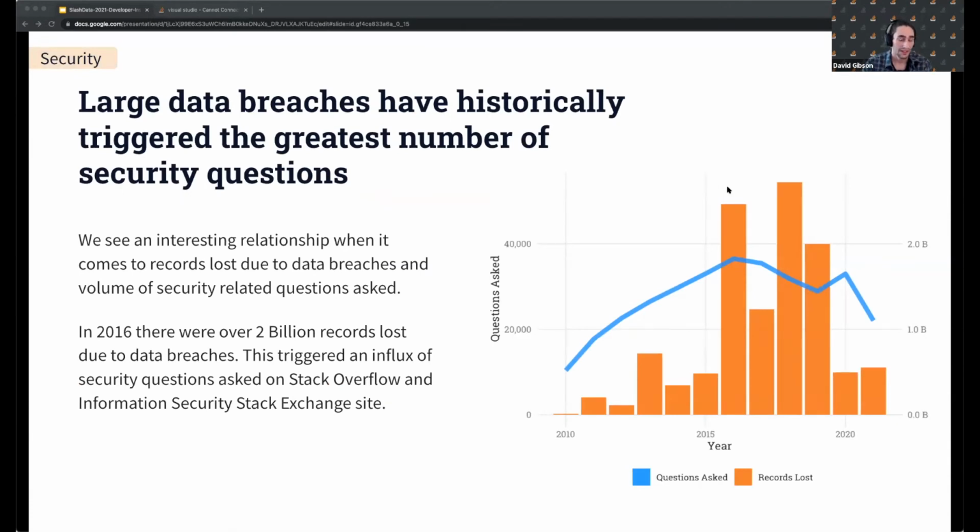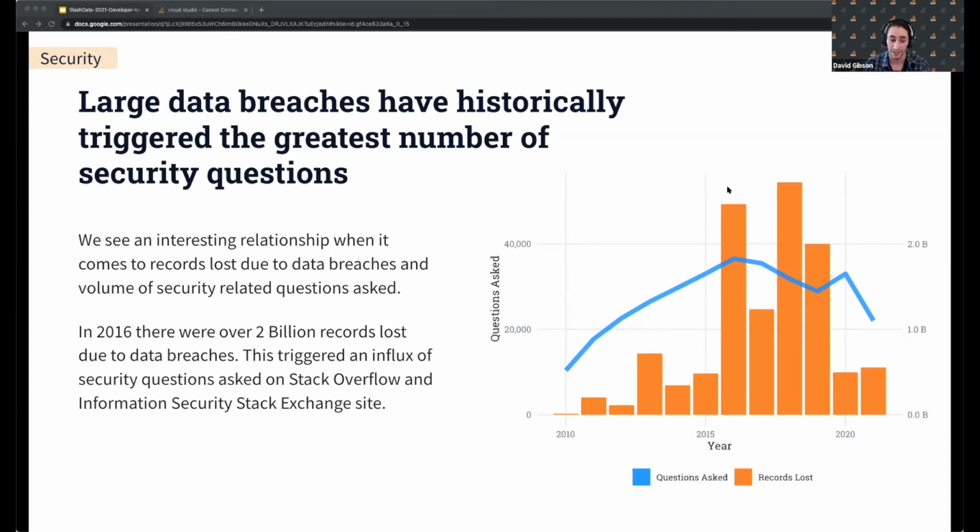The other tag topic that we have been monitoring is security. One very interesting relationship we found is that as large security breaches are announced to the public, we have seen an increase in traffic and questions asked on security sites. In 2016, a total of 2 billion records were lost due to data breaches.